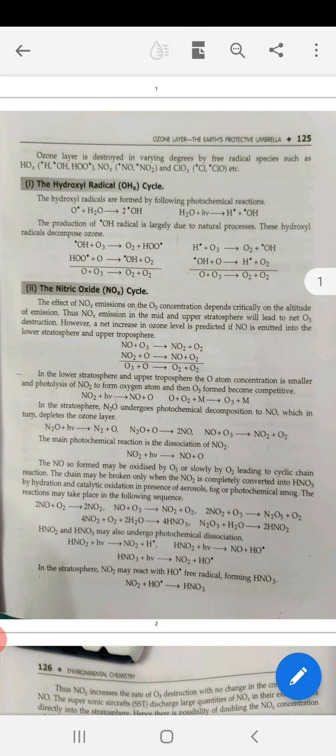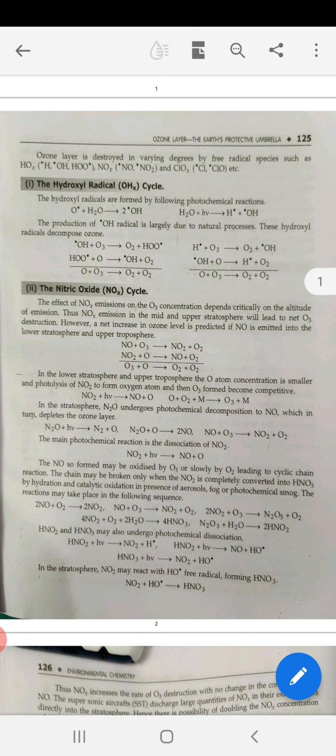However, a net increase in ozone is predicted if NO is emitted into the lower stratosphere and upper troposphere. The NO molecule, nitric oxide, reacts with ozone to form NO2 and oxygen. The NO2 formed now reacts with atomic oxygen to form nitric oxide plus oxygen, and the net reaction is again one ozone molecule combined with an oxygen atom to form two oxygen molecules.